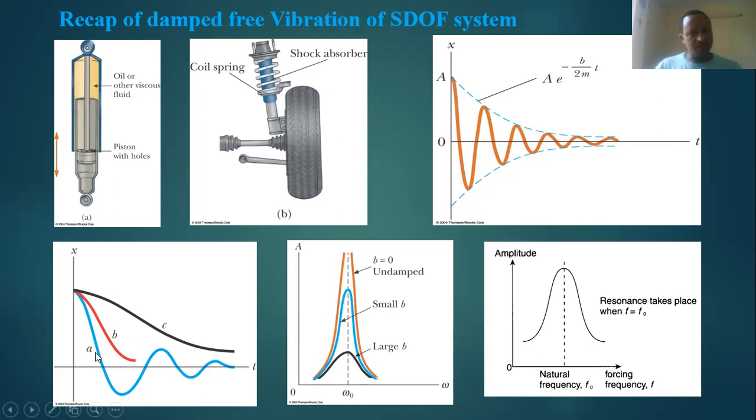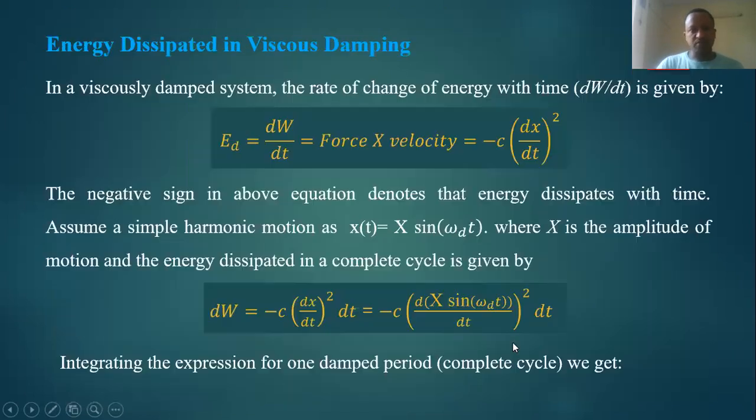These are the three conditions: underdamped, critically damped and overdamped. The oscillation for underdamped is zeta less than 1, the condition for critical damping is zeta equals 1, and overdamped is zeta greater than 1.